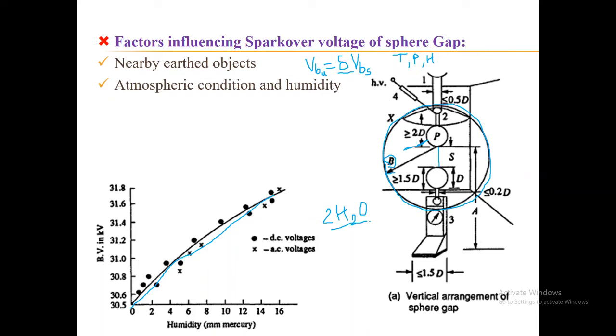With lower humidity, the breakdown voltage decreases with increase in humidity, but after some limit you will observe that breakdown voltage increases with increase in humidity because of the partial pressure of the water particles, the involvement of hydrogen and oxygen, and the involvement of the ice crystals.